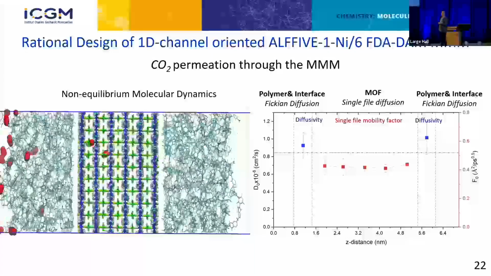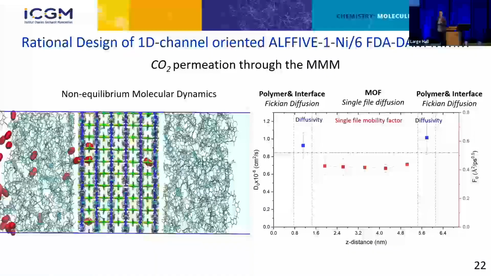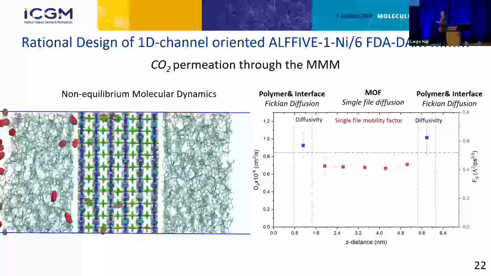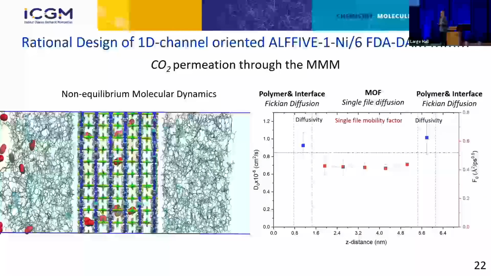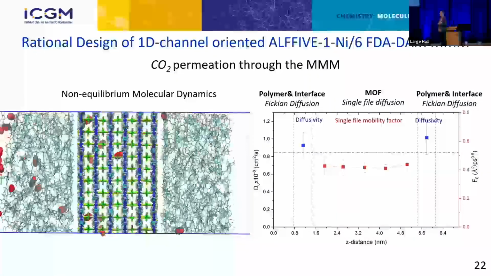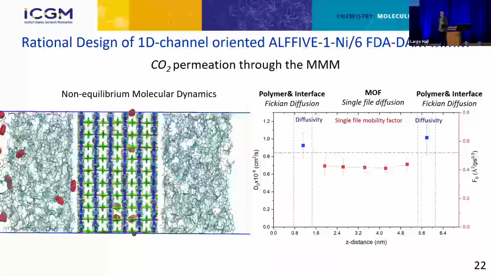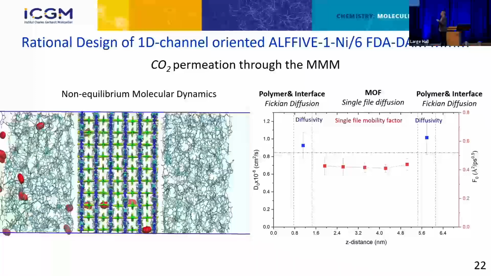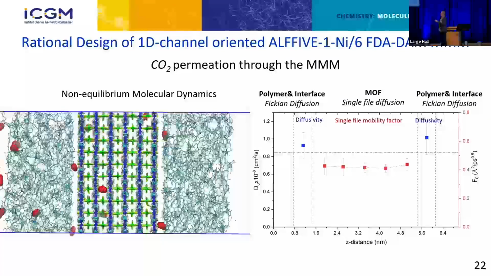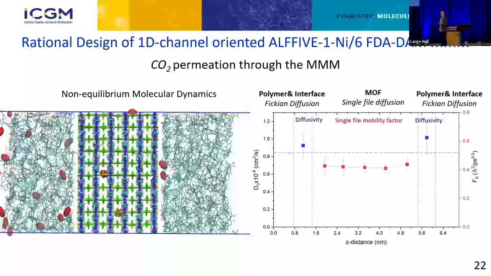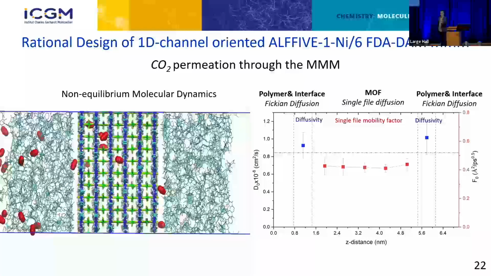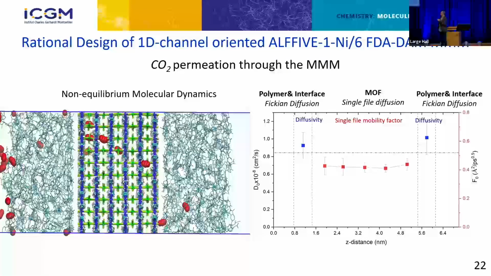Then here again, we explore the CO2 permeability towards the MMM. What we found is that in the polymer region we had a purely Fickian diffusion regime. It means that the mean square displacement follows a linear trend with time. In that case, both in the polymer and the interface model, we can extract the diffusivity. Interestingly, once the CO2 gets inside the MOF, we have what we call the single-file diffusion regime.